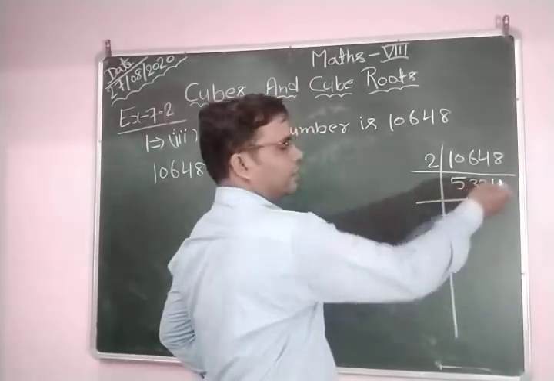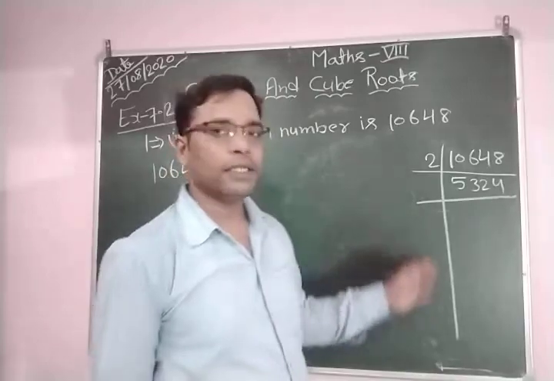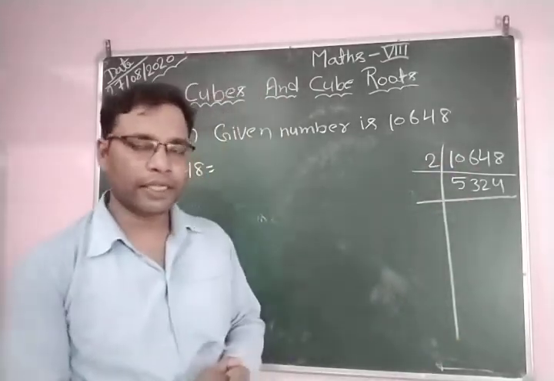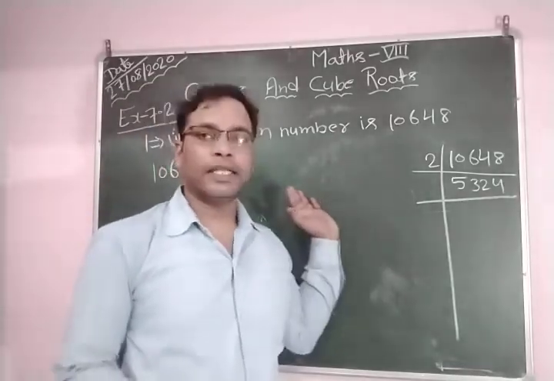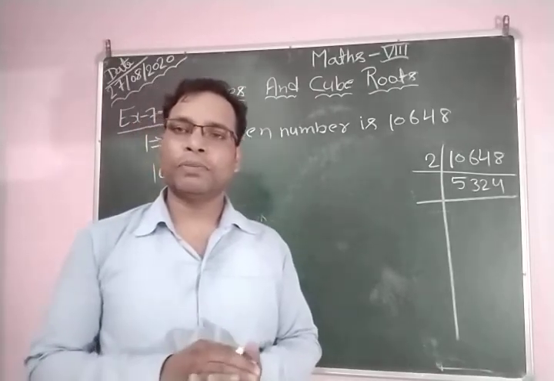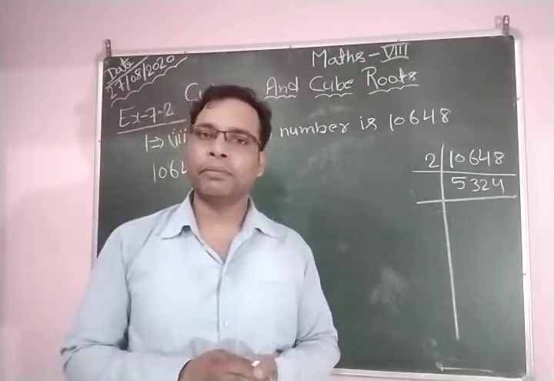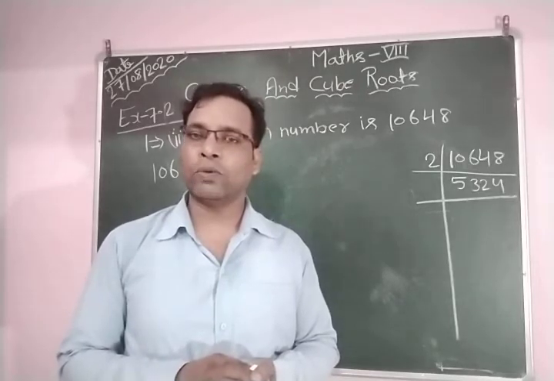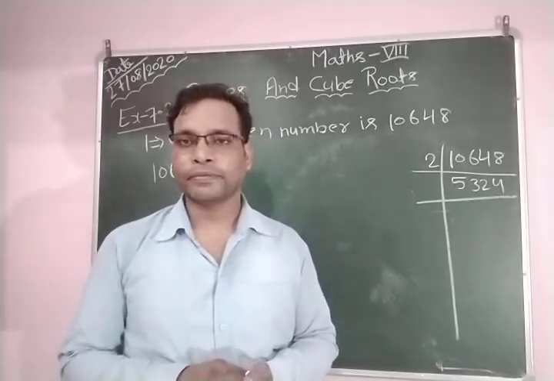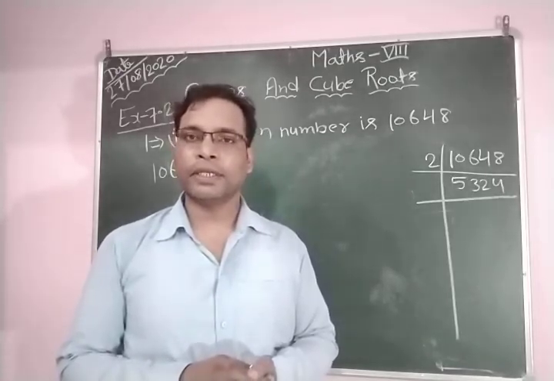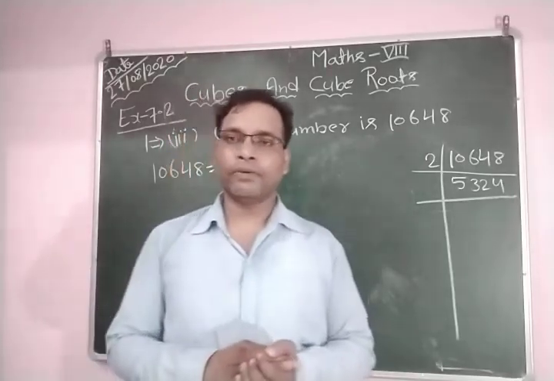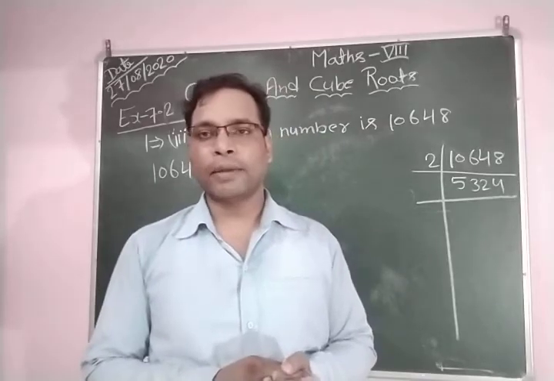Again this is divisible by 2. In this way you can find the prime factors of 10,648, and after this you can write it as a product of prime factors, make groups of triplets of equal prime numbers, and take one prime number from each group. Then you can find the cube root of 10,648.